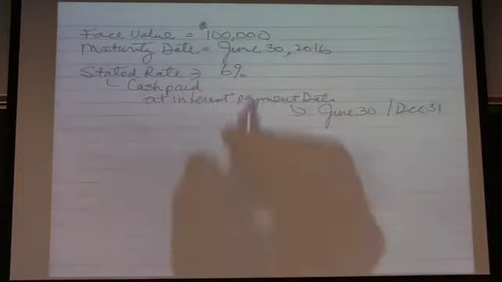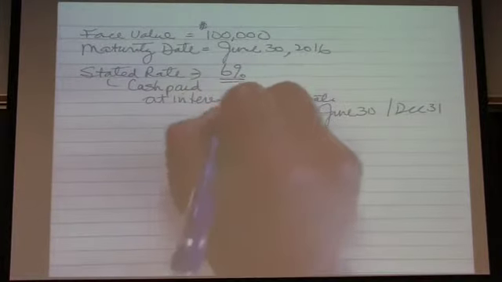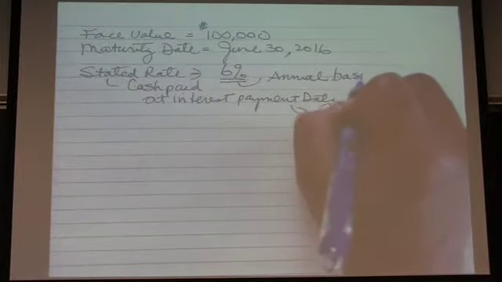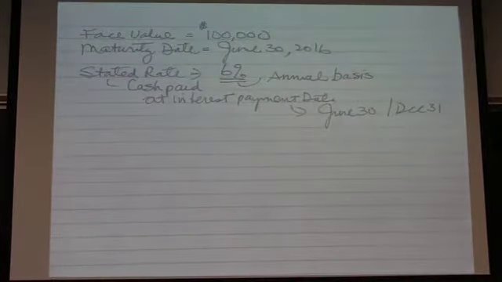Now, normally the rate is given to you on an annual basis. That means that on each payment date, let's say June, they will get 3%, which is half of 6, times the $100,000.